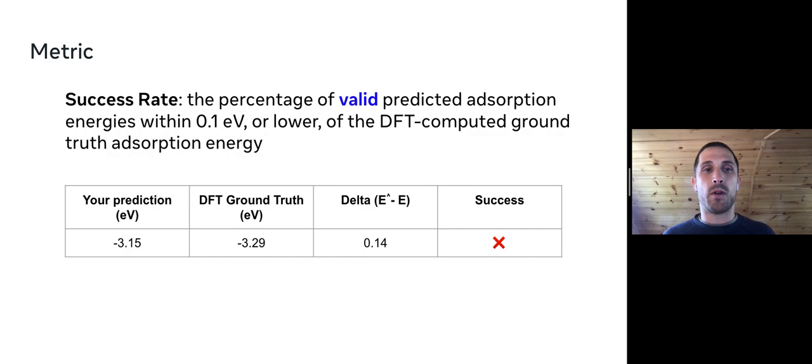Okay, so we can walk through a couple examples. Let's say your prediction for the absorption energy is minus 3.15 eV, and the DFT ground truth absorption energy is minus 3.29. So the delta is more than the threshold of 0.1, so it's not considered a success.